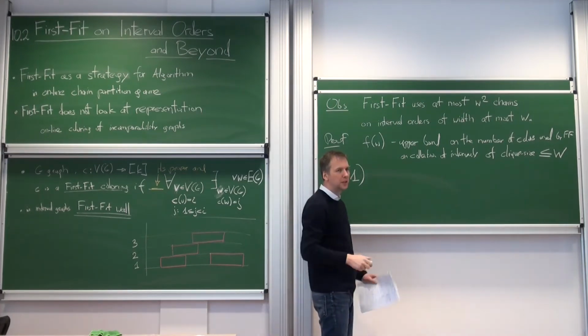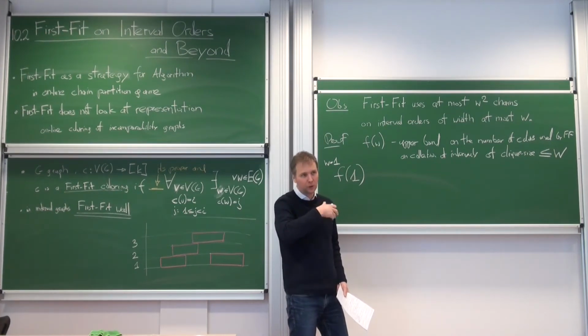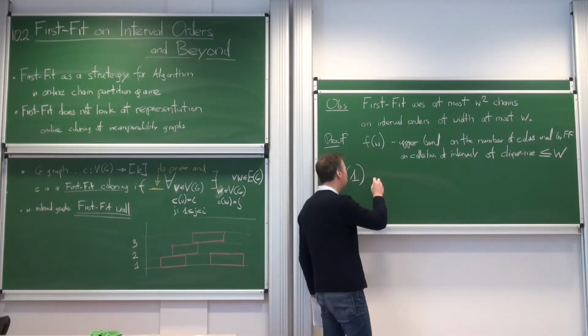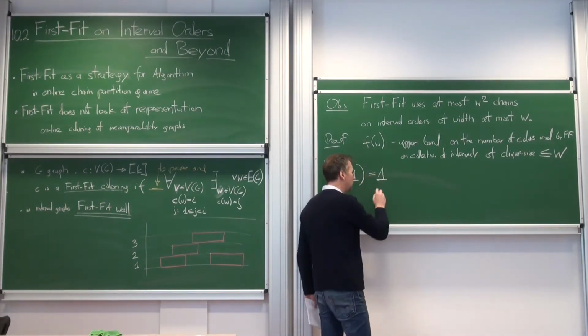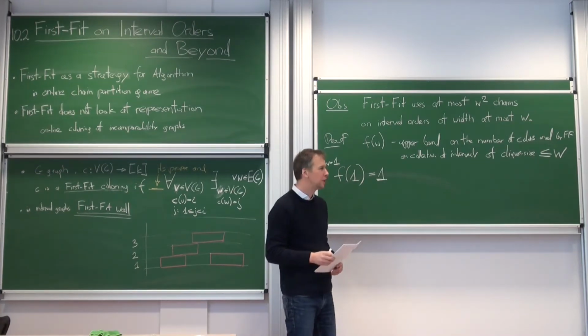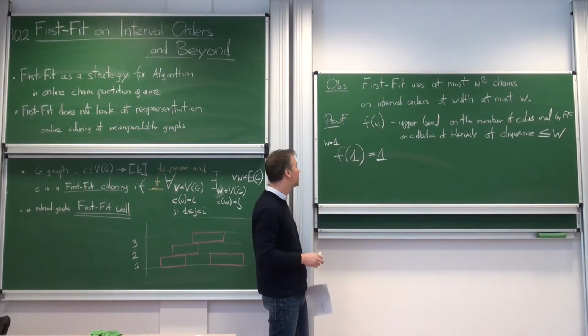What I'm representing is just a set of pairwise disjoint intervals, or if you look at the poset, it's just a chain. Then one color is enough, and first fit will keep using this one color. So this is a good upper bound, and actually the exact number.